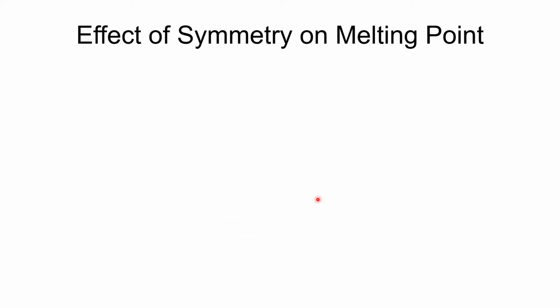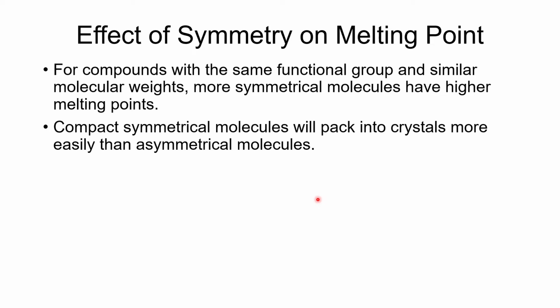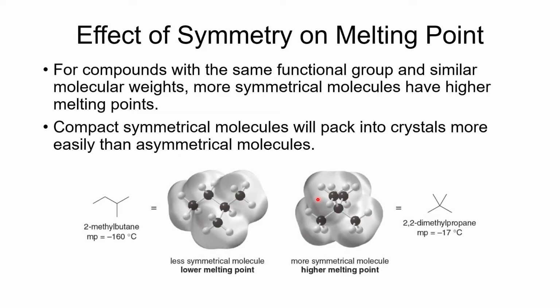And that is symmetry. Compounds with the same functional group and similar molecular weights, the more symmetrical molecules tend to have a higher melting point. So we'll find that compact symmetrical molecules will pack into crystals much more efficiently and much more easily than asymmetric molecules. An example of this, a comparison here. Here again, these are isomers of each other, so they're constitutional isomers. They're both C5H12. This one is 2-methylbutane. And you'll see that it's unsymmetrical, like this side isn't the same as this side.